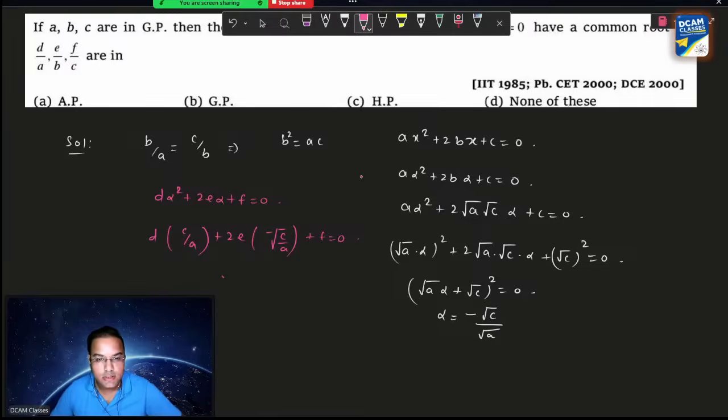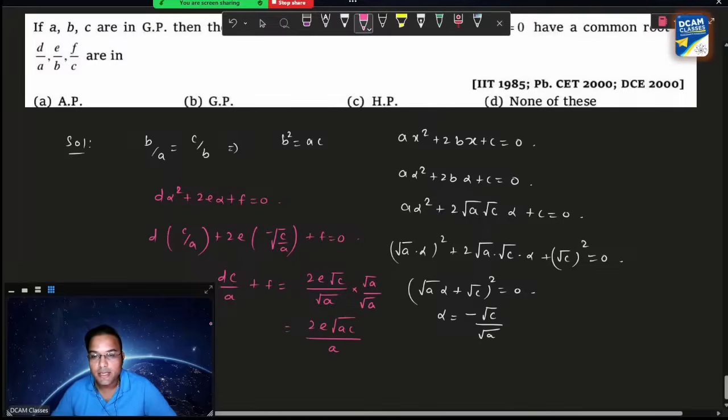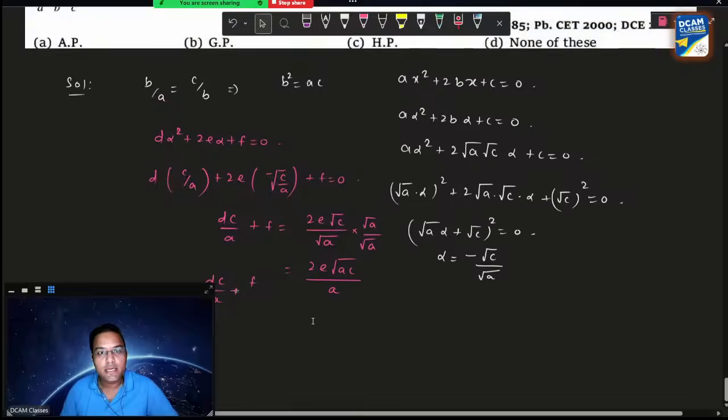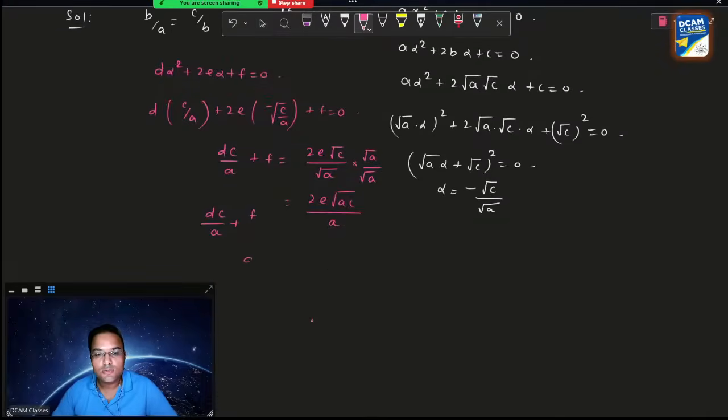So what I can do is dc by a plus f is equal to 2e root c by root a. If I multiply root a in numerator and denominator, I may get 2e root ac by a. Now root ac is again b. So dc by a plus f is equal to 2e into b by a.